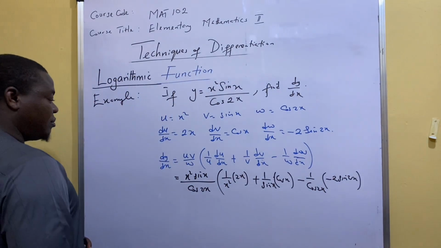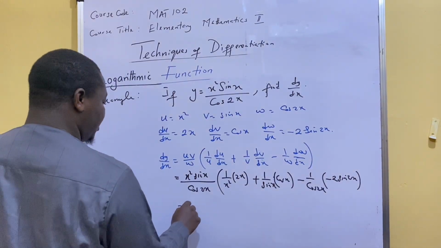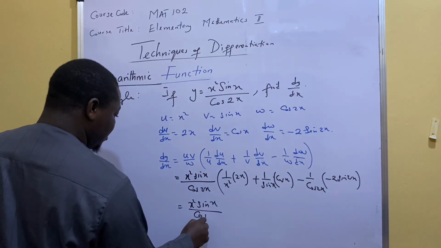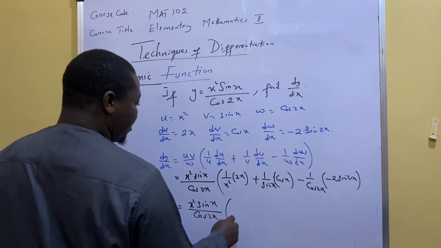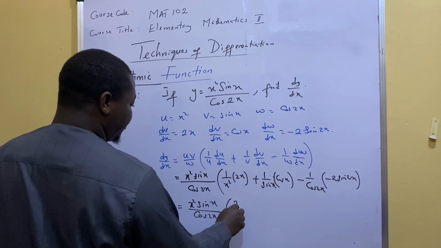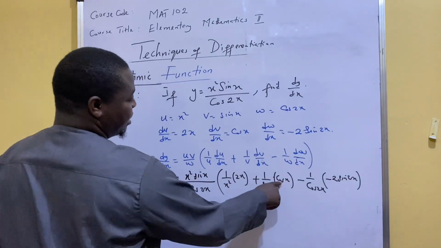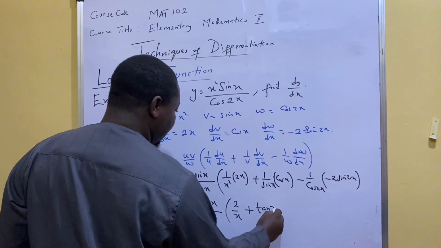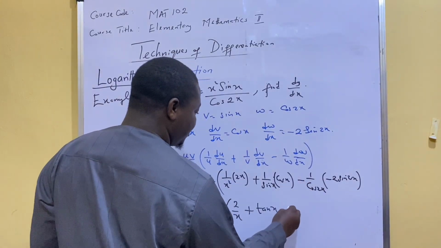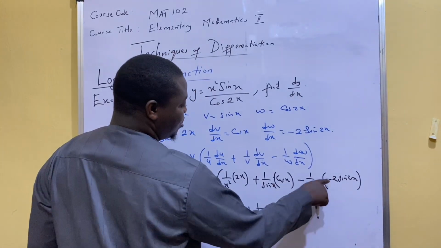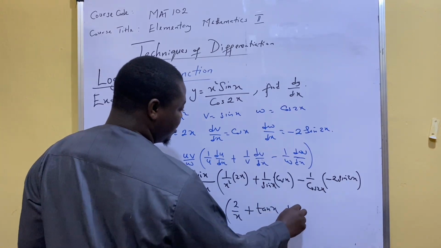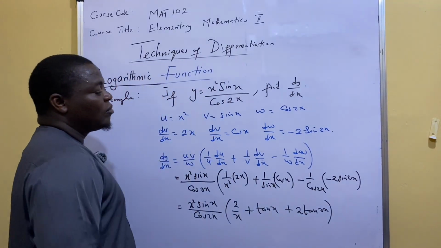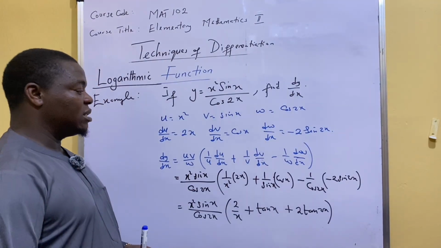Okay, so simplifying this, we're going to have x squared sine x over cos 2x multiplied by, 1 over x times 2x, we cancel x here, so you have 2 over x. Then here, this will become cos x over sine x, which is cot x, cotangent of x.